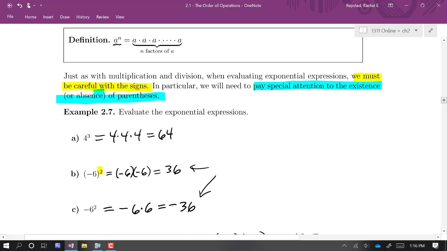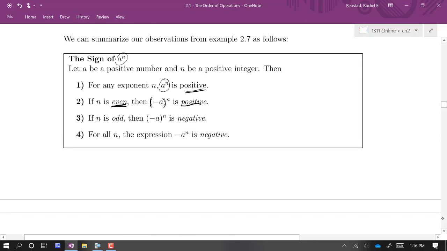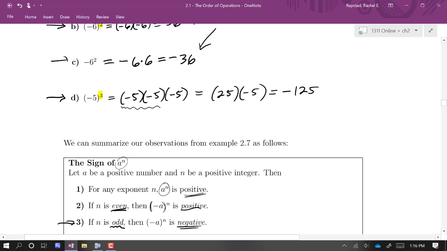That's what I had up here in part B, a negative base to an even power. If I have a negative base raised to an odd power, then we're going to get a negative, and that is what we have up here in part D. And then if I have negative, no parentheses, negative a to the n, that's always going to give you a negative, and that is what we had up here in part C.